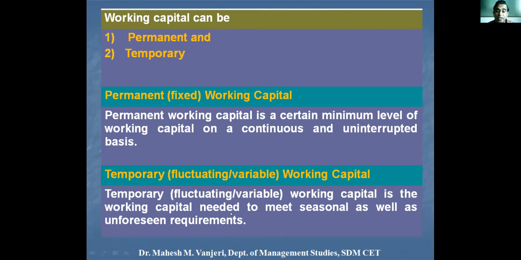That additional working capital required due to the increase of demand in the season, we call it fluctuating or variable working capital. It is the working capital needed to meet seasonal as well as unforeseen requirements. Other than summer, in monsoon and winter, the company will require some minimum level of working capital, but it will not be as high as in the season of summer.